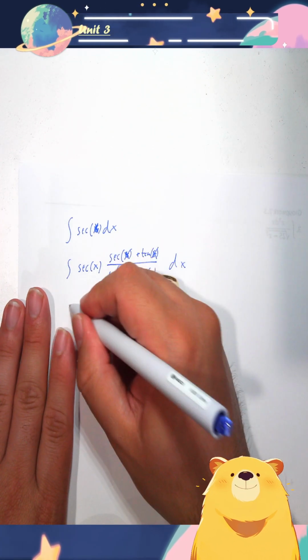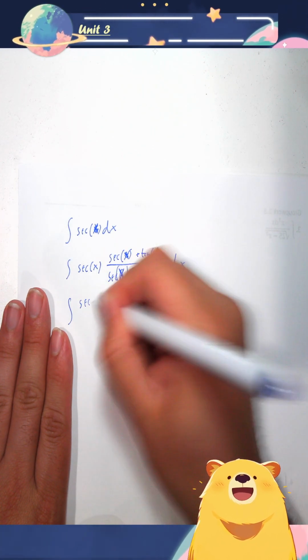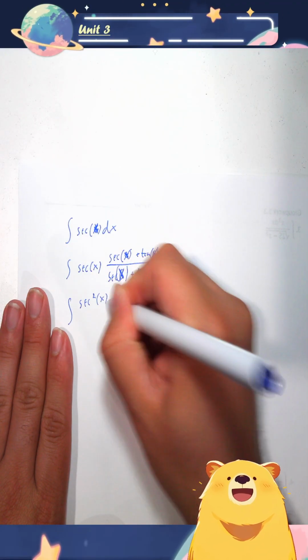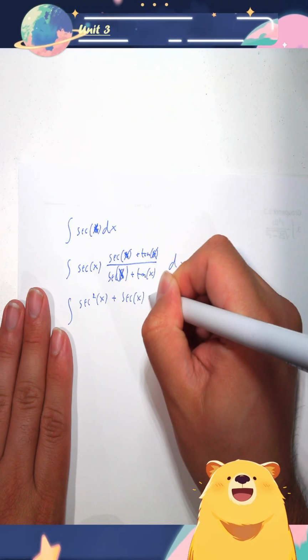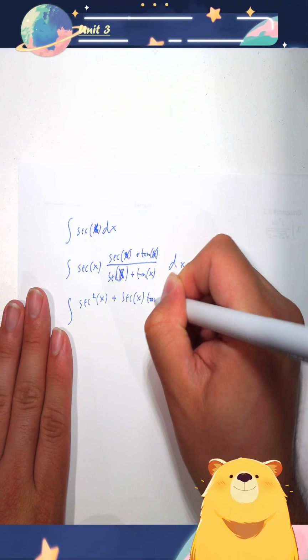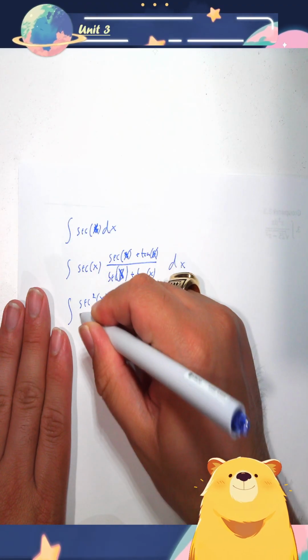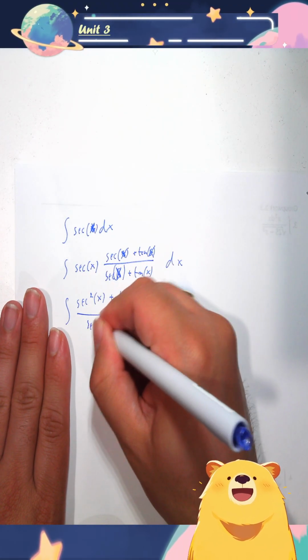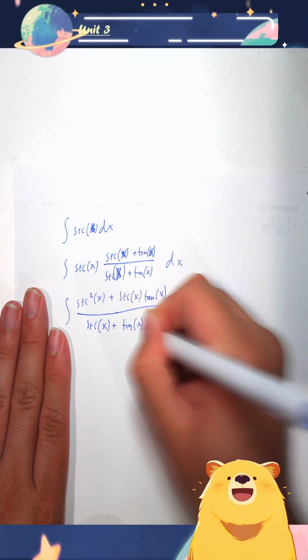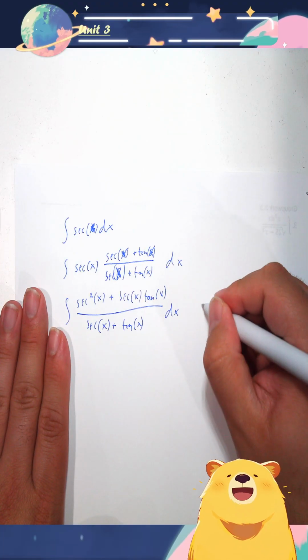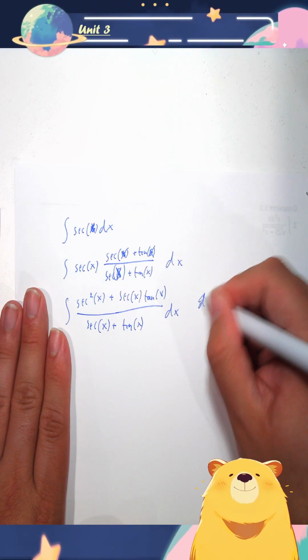Then you'll get secant squared of x plus secant of x tangent of x over secant of x plus tangent of x. And then you do use substitution.